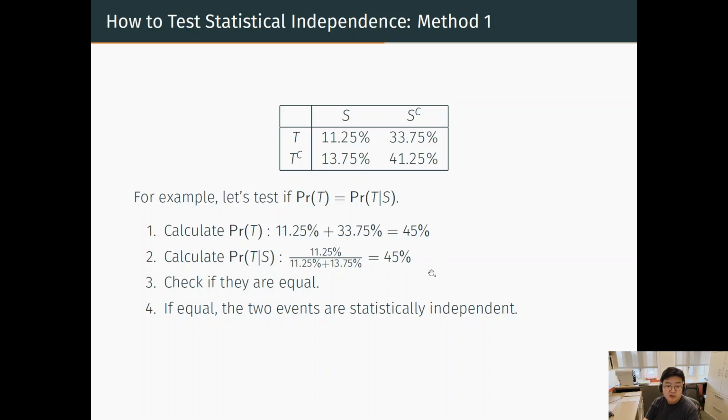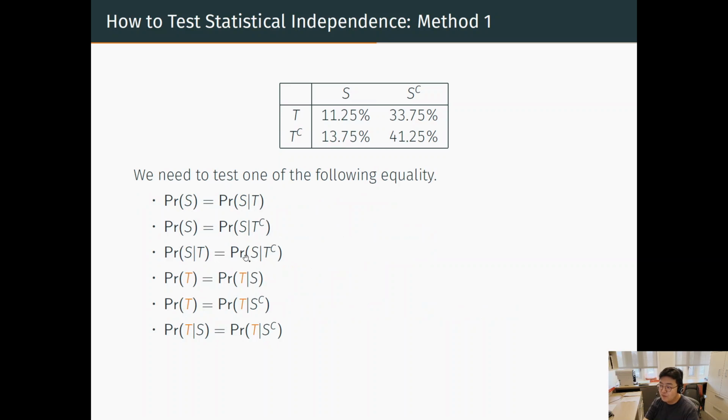So they are equal. That means if you can show this equality, so here I just showed the 4th equality, the other 5 equalities are automatic. They are true too. Okay, this was the first method.